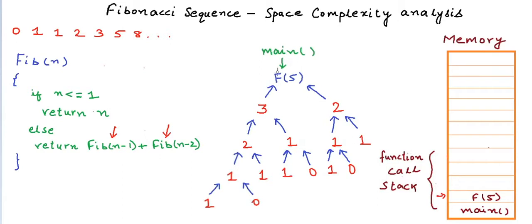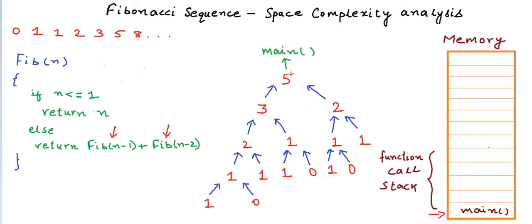Now F5 sums up these two values and returns to the main method, which is its caller. And finally the main method resumes, and at this stage we have the output from the function call fib5, and it could print the output or use it for some other calculation.